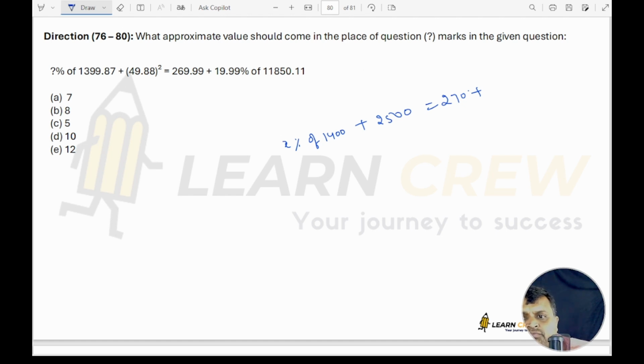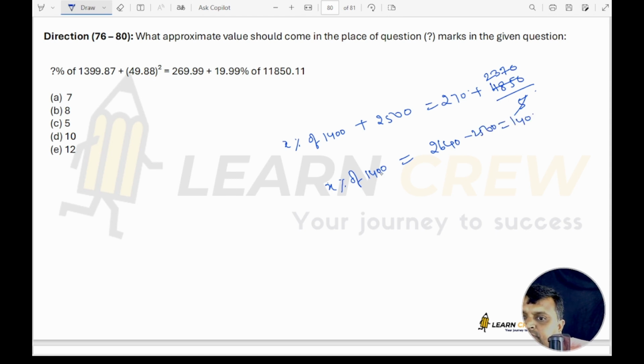So 5 2s are 10, 5 23s are 115. 2370. So x percentage of 1400 would be 2370 plus 270, which is 2640, minus 2500, which is 140.